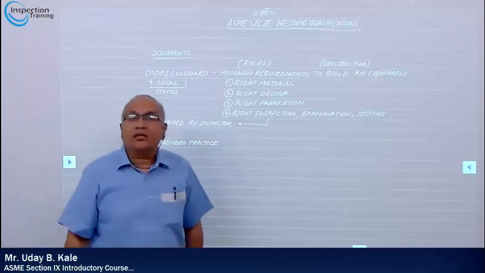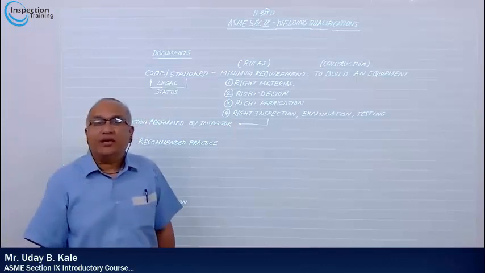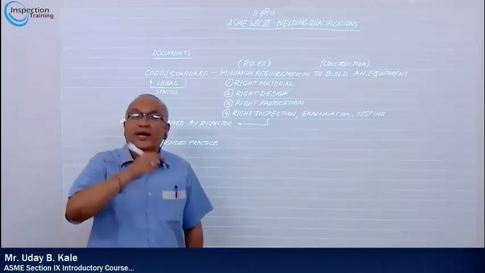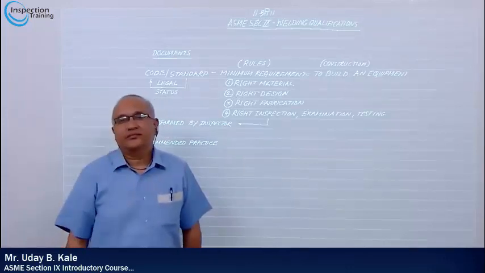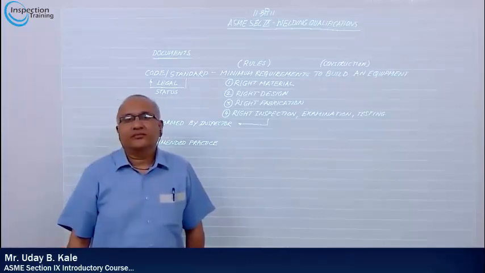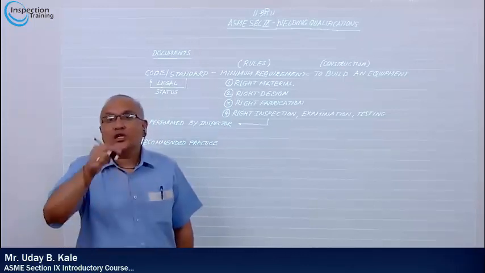Who is this inspector? He may be a third party inspector. He may be anyone who is appointed by a purchaser, or the owner or the user of this equipment.